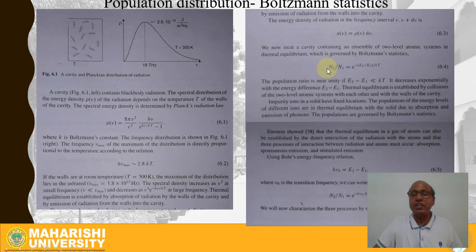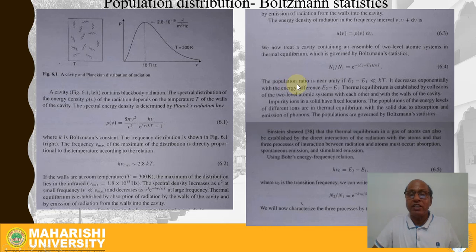That means population density at level 2 divided by population density at level 1 is equal to exponential minus (E2 minus E1) divided by kT.